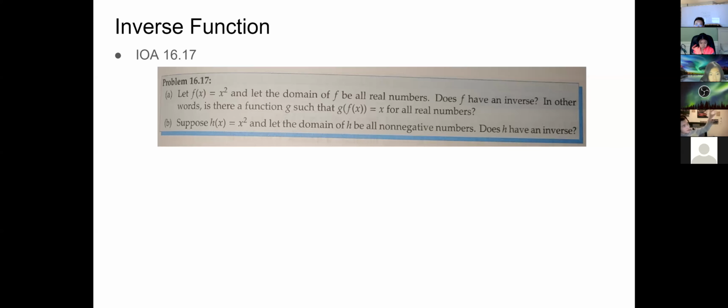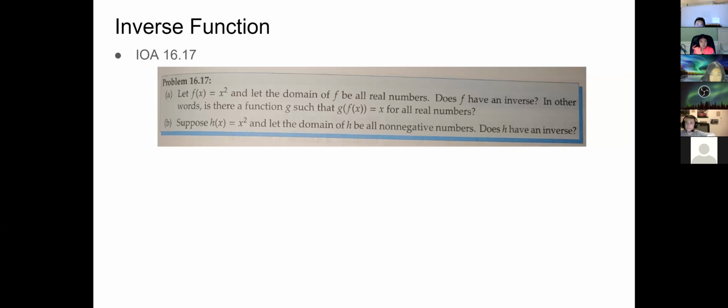We're still trying to find the inverse of H, and this is my H. I'm still doing this, x equals plus minus square root of y. But this time, look, the domain of H is non-negative numbers, unlike the first one, where it's all real numbers.